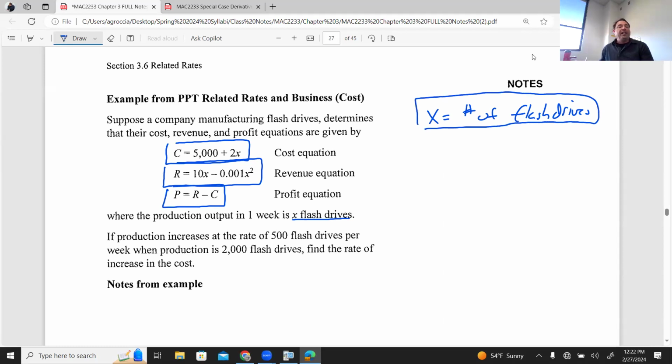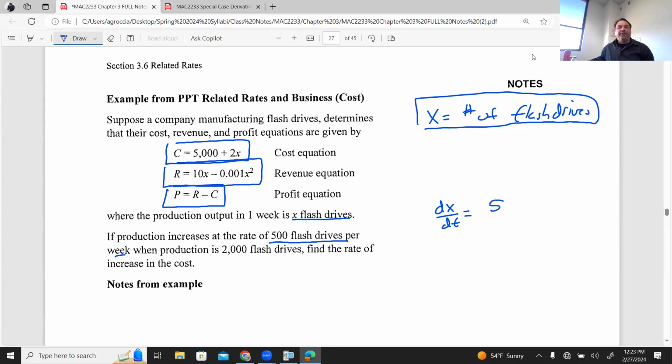Okay, they tell you if production increases to a rate of 500 flash drives per week. So first of all, is that number of flash drives, or is that how the flash drives are changing? So that is dx over dt. Why? It's a rate of change. It's how x is changing.